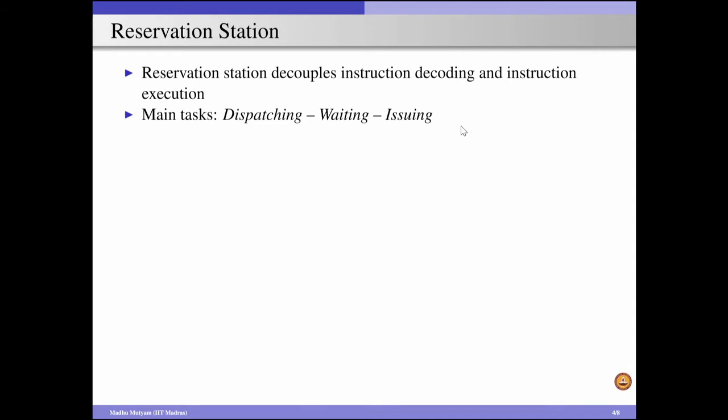The first role of the reservation station is dispatching the instructions from the decode stage to one of the entries in the reservation station. The second role is to keep all the non-ready instructions waiting in the reservation station itself, and the third is to select one ready instruction from the list of instructions in the reservation station to be issued to the functional unit.